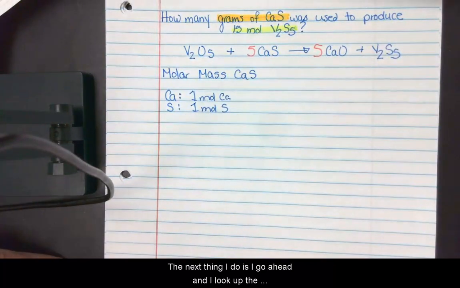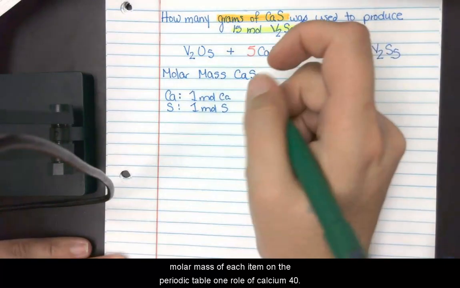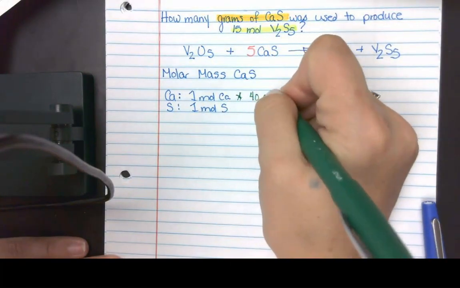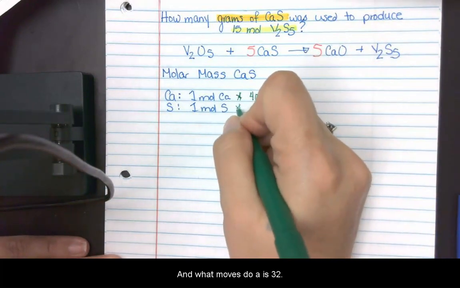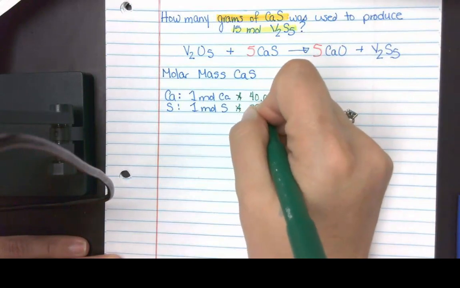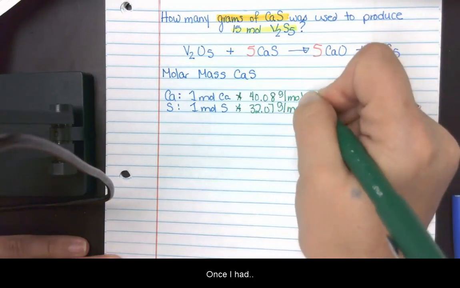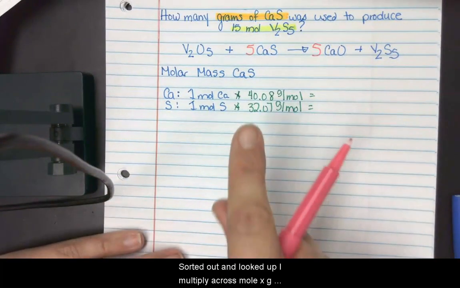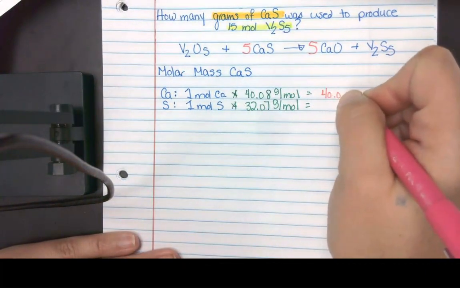The next thing I do is look up the molar mass of each item on the periodic table. 1 mole of calcium is 40.08 grams per mole, and 1 mole of sulfur is 32.07 grams per mole. Once I have that sorted out, I multiply across. Moles times grams gives me grams of element.